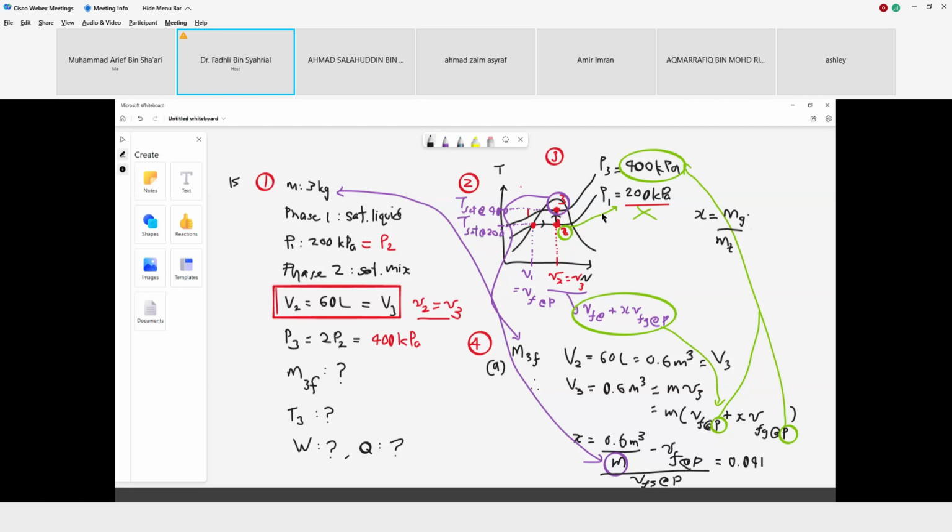So we need to rearrange our equation here. This is mg.